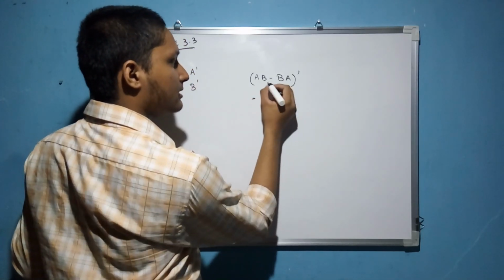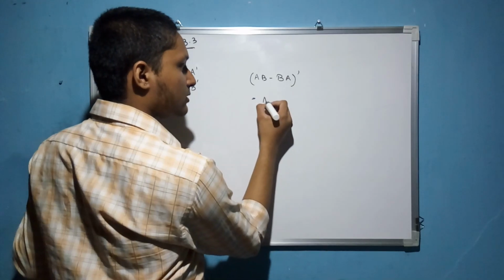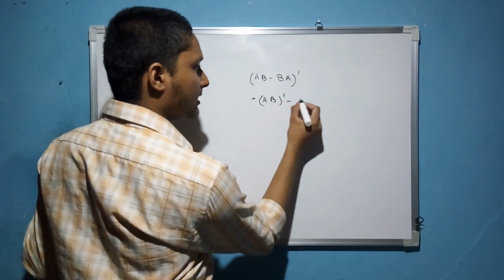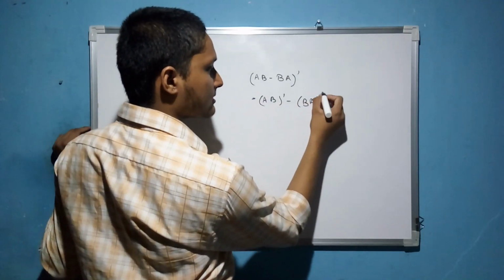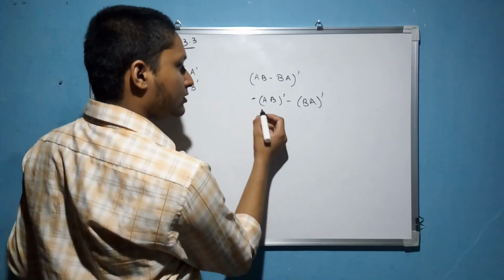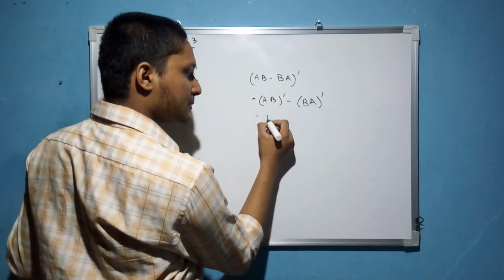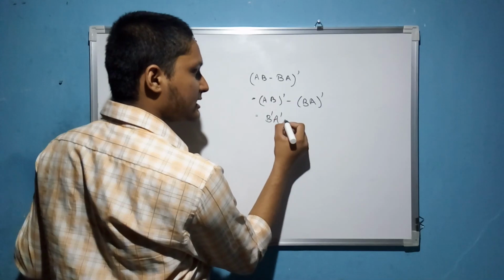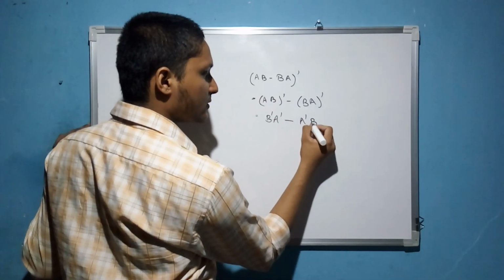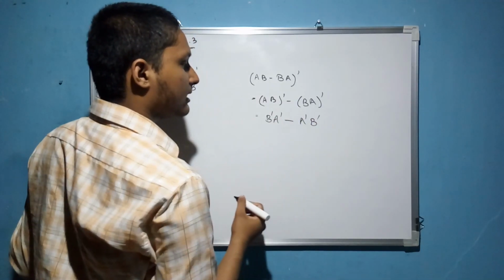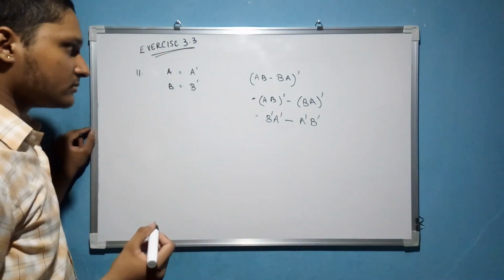Okay, now you have the transpose, so it is going to be AB whole transpose minus BA whole transpose. Then again using the properties, AB whole transpose becomes B transpose A transpose minus A transpose B transpose. Okay, this is what you are going to get.